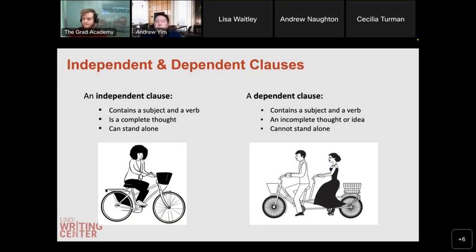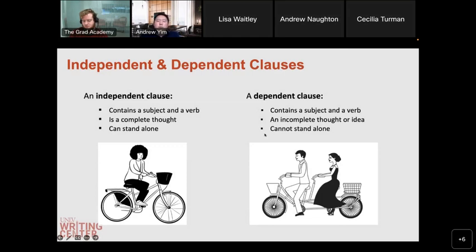Some other things to keep in mind: does your sentence classify as an independent clause or a dependent clause? Independent clauses are oftentimes complete sentences. They have a subject and verb, they can stand by themselves, and when you read it, it's basically a complete sentence.